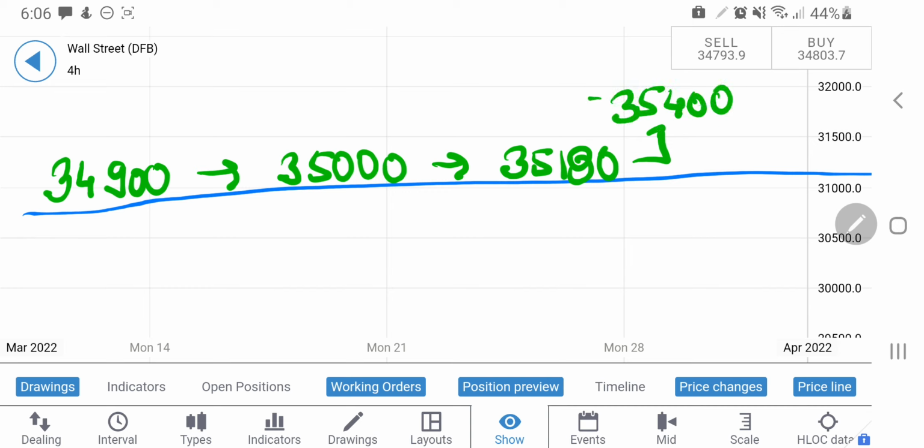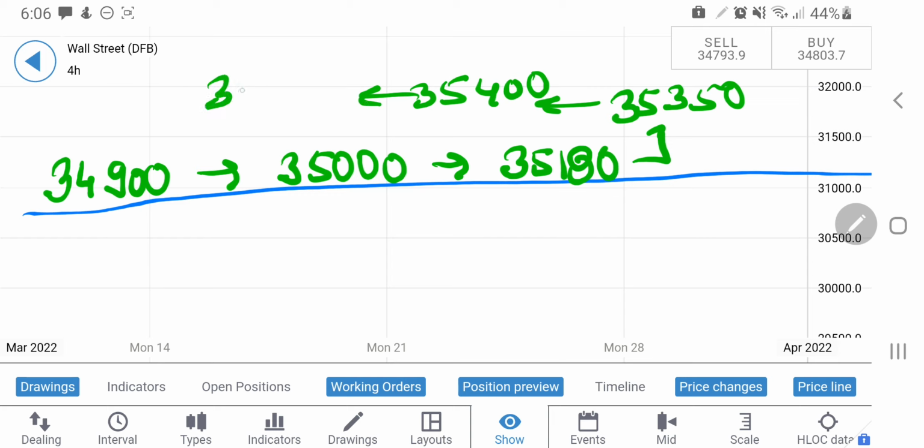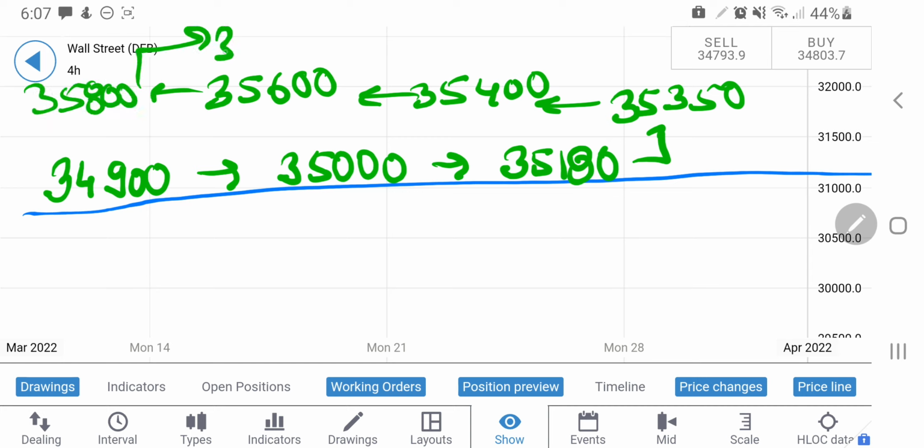If you see it trading above the little resistance at 35,350, then 35,400, and after that you can directly expect that it is going to fly towards 35,600, 35,800 and 36,002 should get achieved. If not this week, then probably by next week.